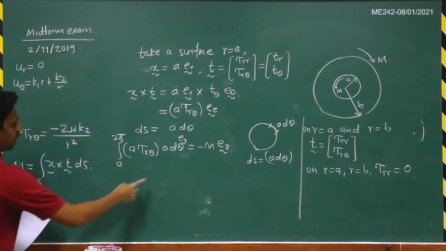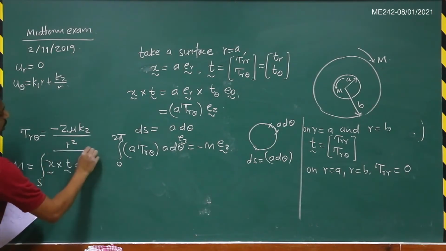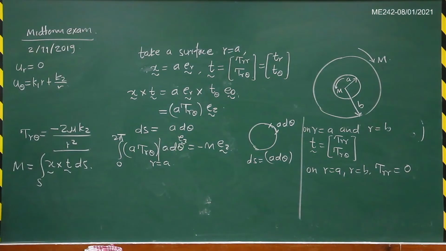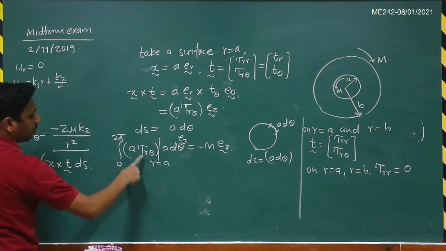So this tau r theta is only dependent on r. It is calculated at r equals a, because we are considering the surface r equals a. As it is independent of theta, we can take this out.